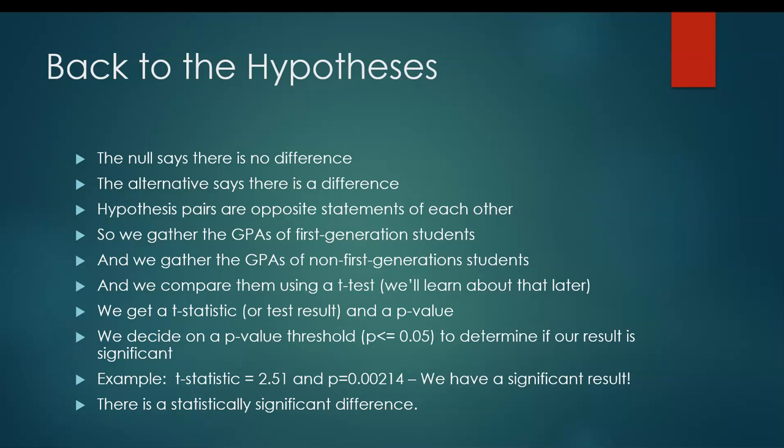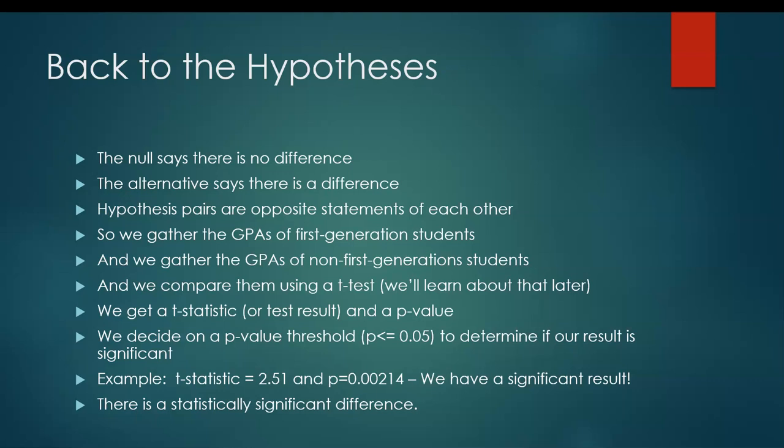So here's an example. Say we came up with a t-statistic of 2.51 and a p-value of 0.00214. 2.51 is indicative of there being a significant difference. We'll learn how we can determine that, but a significant difference between our two groups. So with a t-statistic of 2.51, that becomes a statistically significant result.